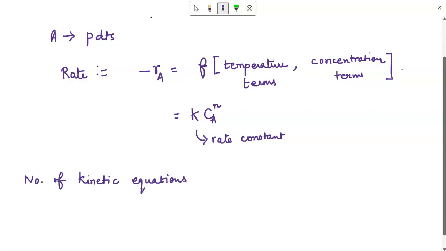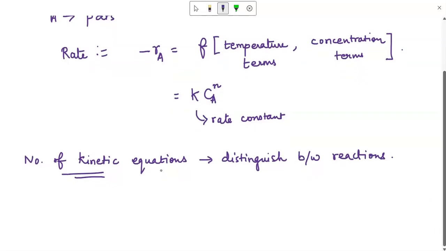So, this is the main basis to distinguish various types of reactions. I'm writing it in short: distinguish between reactions. Now, first let us talk about single and multiple reactions. So, from the term itself, you can understand what they would mean.